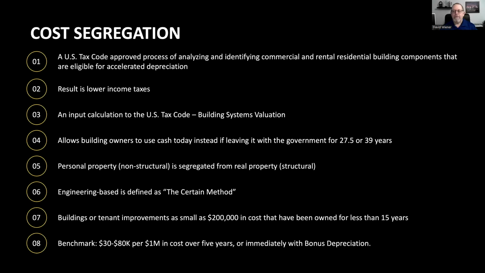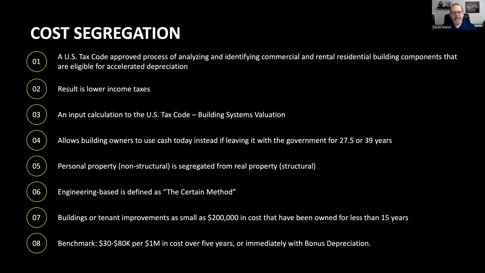When you buy or build rental residential property, typically it's depreciated over 27 and a half years. So the cost of that building, not the land, just the building, is divided by 27 and a half. And every year, because buildings wear out, you can take that amount off of your taxes as depreciation. That's the standard way of doing it.